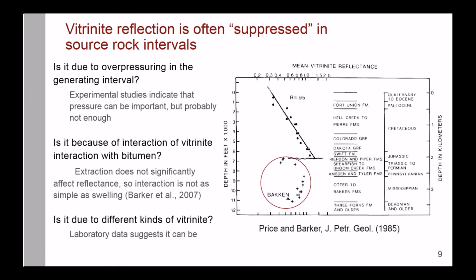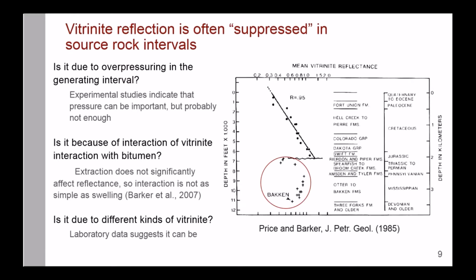A second hypothesis is because of the interaction of vitrinite with bitumen. There's a paper by Barker in 2007 where they took the samples, extracted the bitumen from the sample, and then remeasured the same material, and they found that it was not important. In other words, the swelling of the vitrinite at the time of measurement is not a significant factor.